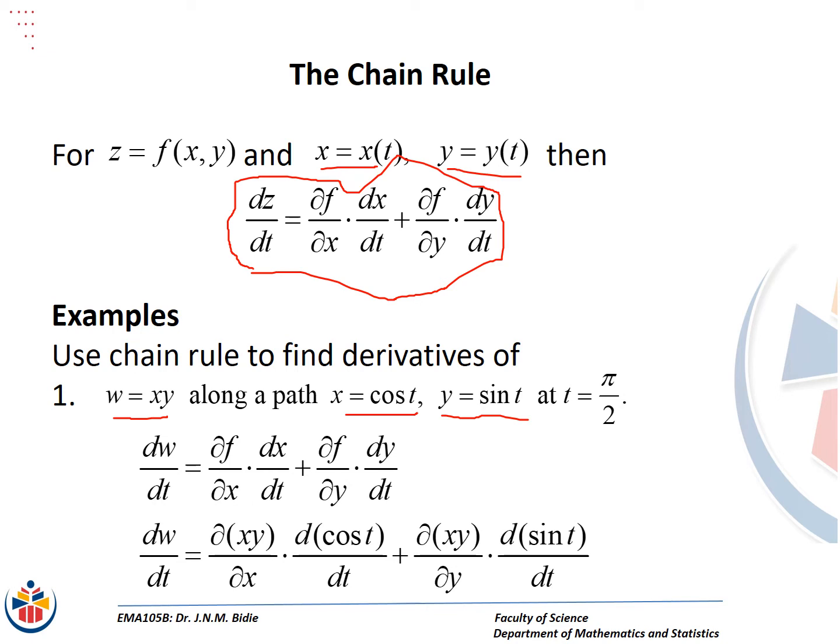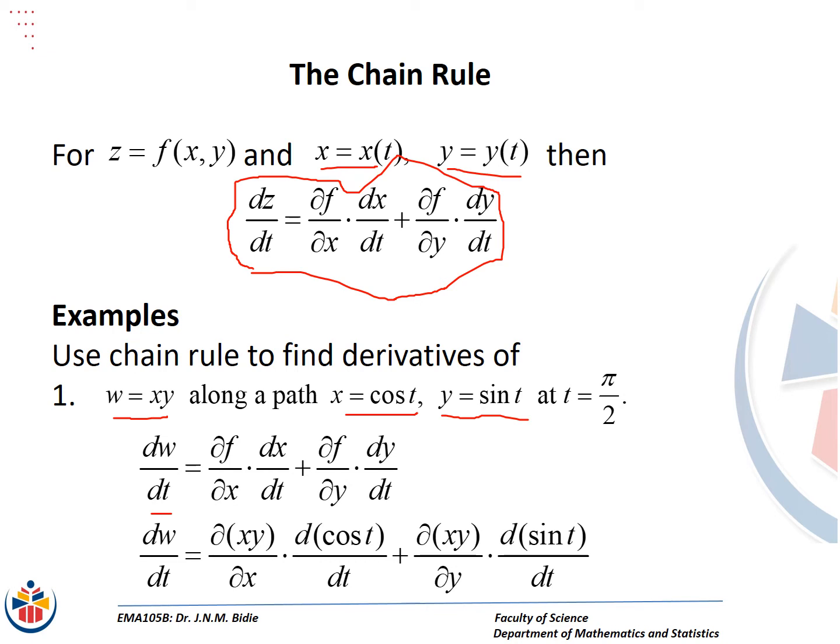So now, instead of z in that formula, we write w, and the right hand side remains the same. Now f is the right hand side of the function that we've been given, xy. So that means we're differentiating xy with respect to x multiplied by what was the formula given for x?